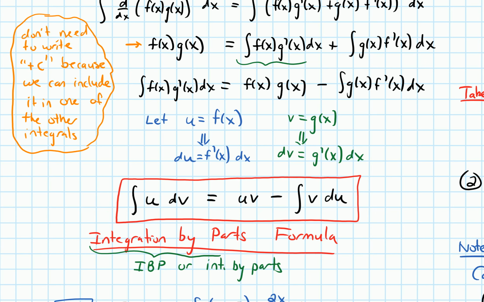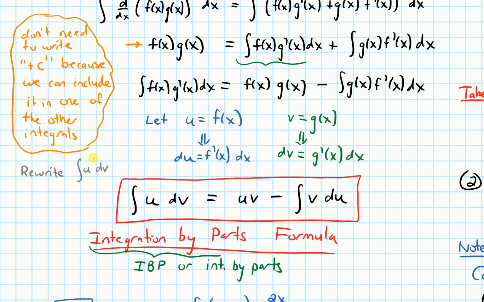So before we do an example, let me just state the overall goal when we use this formula. So when we use this formula, we're trying to rewrite an integral that looks like u dv, and we'll talk about those pieces and what they look like in practice when we get to the example.